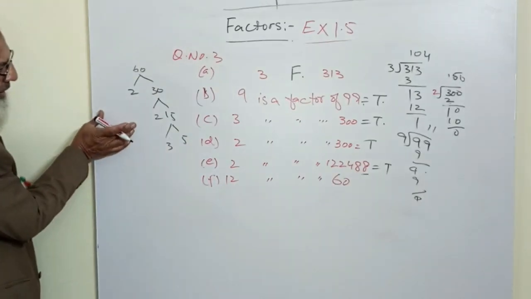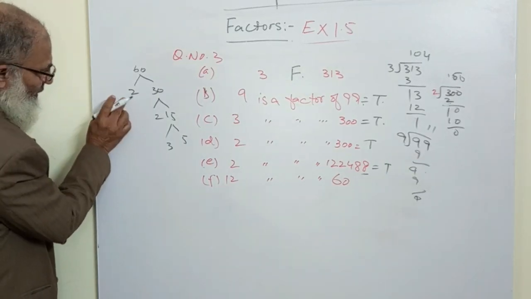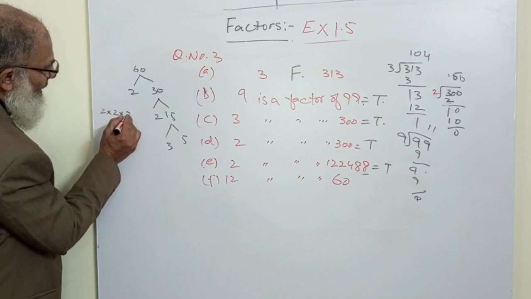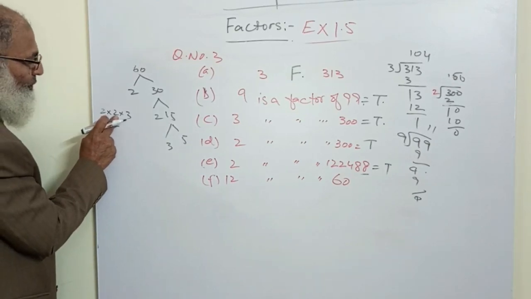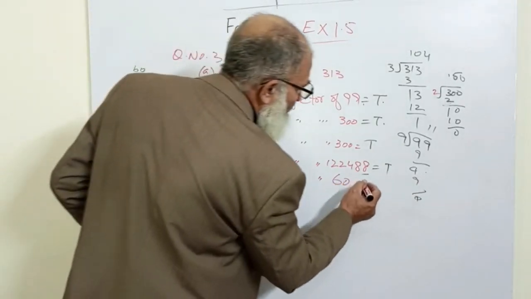So you see what I got as factors over here: 2, 2 and 3. If I multiply only these, what I get here is 12. 2 times 2 is 4 and 4 times 3 is 12. So it is true.